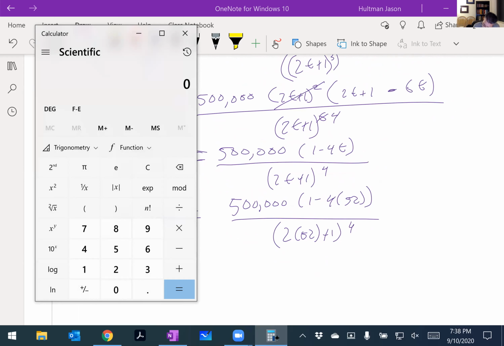Okay, what's 4 times 52? 4 times 52 is 208. So 1 minus 208 is negative 207. Negative 207 times 500,000. Let's get the top. The top is going to equal negative 103,500,000.